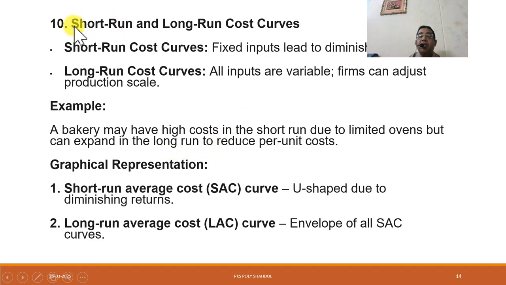So this is the example of short run and long run. Graphical representation shows the U shape due to diminishing returns, and the long run average cost is the envelope of all the SAC, short run average cost curves.